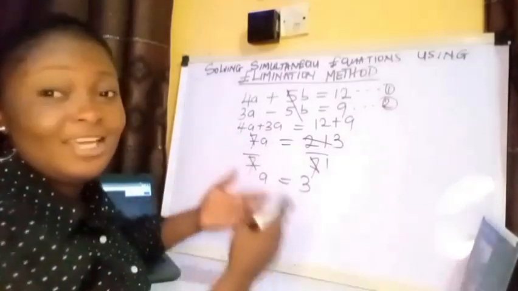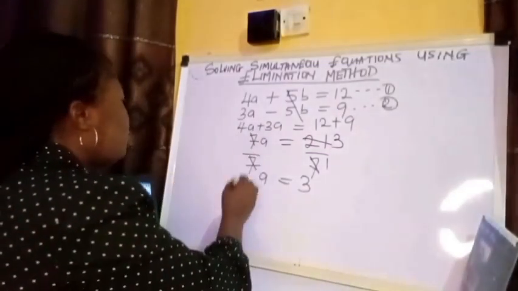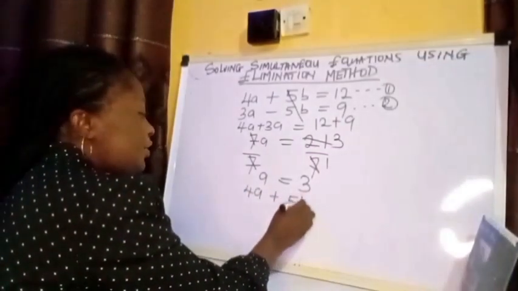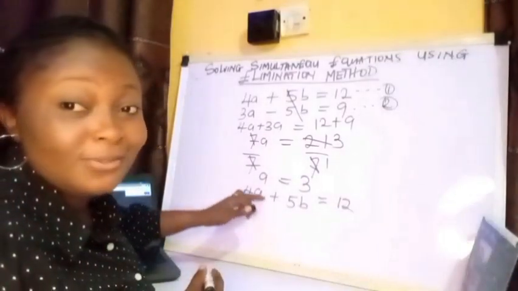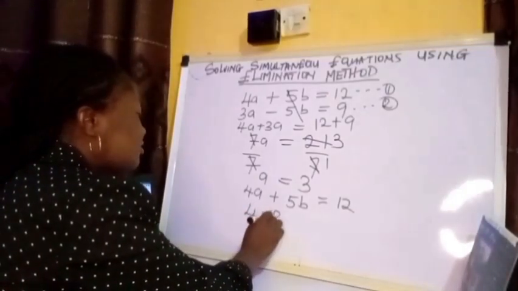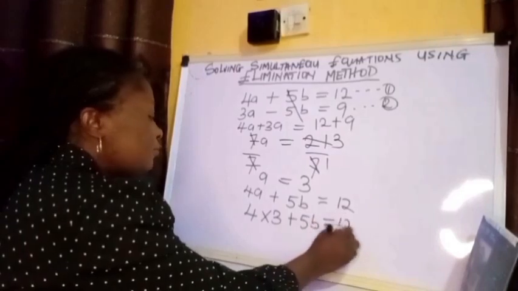Wherever I see a in equation 1, I will remove a and put 3. So in equation 1, we have 4a plus 5b is equal to 12, and we'll have 4 times 3 plus 5b is equal to 12.